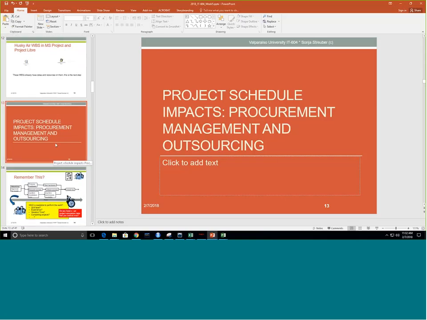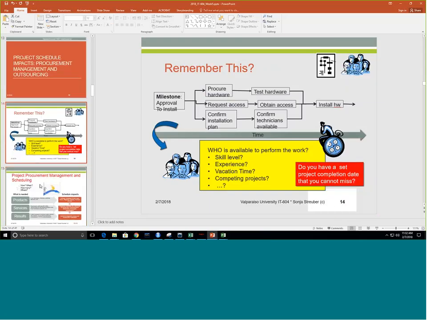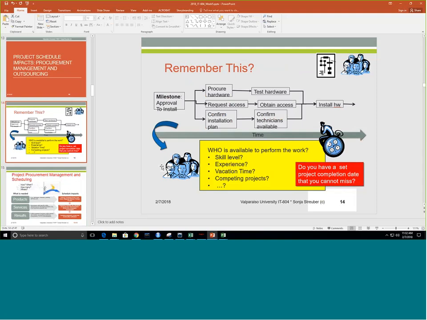Before we go into estimating, however, we really need to talk about the WBS again, specifically about how we can decide which tasks are going to run in parallel, like here, and which tasks have to occur sequentially, like these here, right? First, we have to get the approval to install, then we can install the hardware, not at the same time.